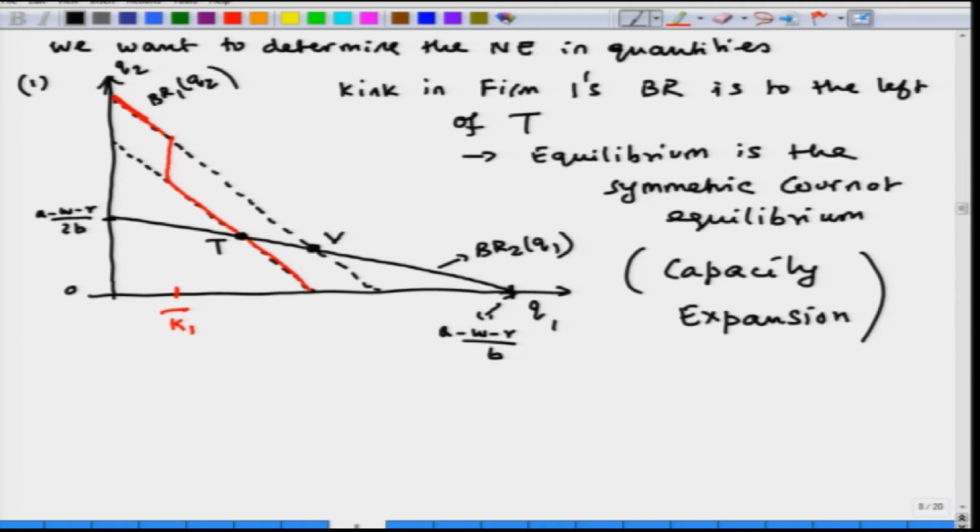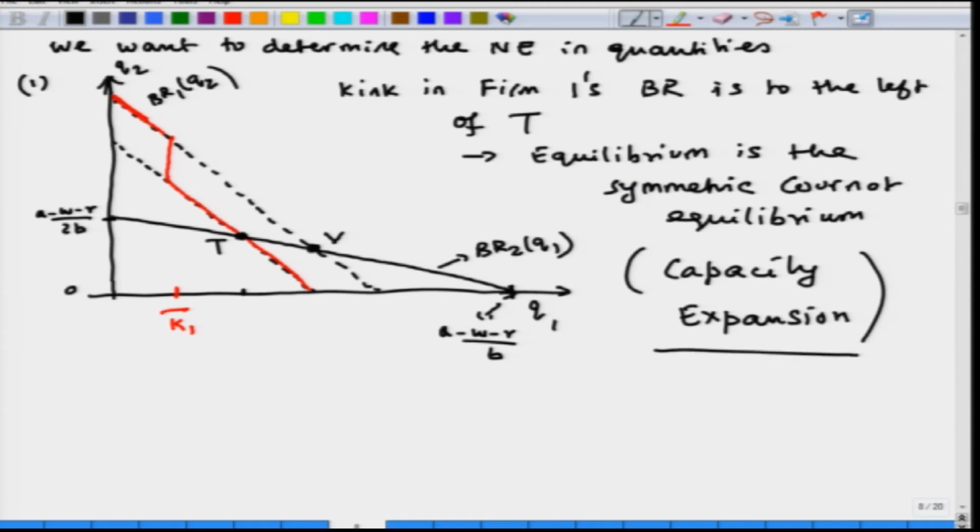In stage 2 there is Cournot competition, the best response functions are intersecting at T, but notice the Q1 Cournot that is produced by firm 1 is larger than the K1 bar, which requires the incumbent to expand its capacity in stage 2, right.